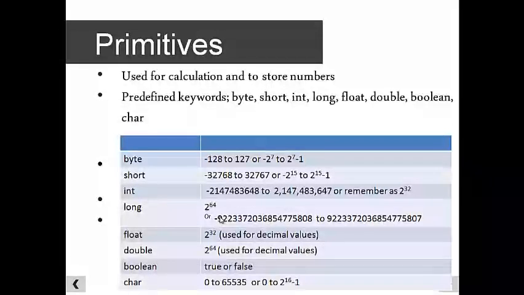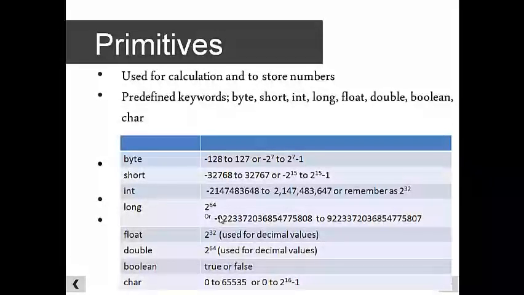So what's the difference between int and float, and long and double? Int just stores an integer value. It doesn't store any decimal value. Float is used to store a decimal value. Same with long. If you want to store more than 2 power 32, then you would use long. Let's say the population of India, you would use long for that.